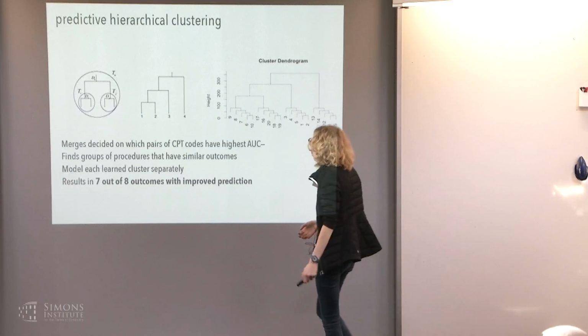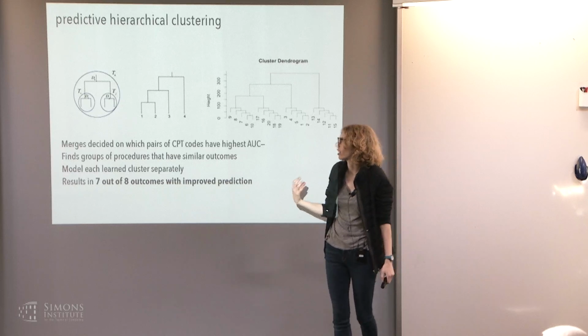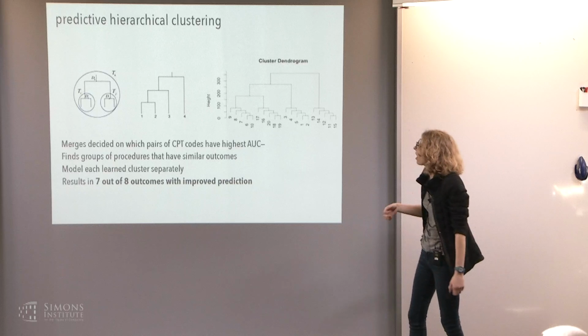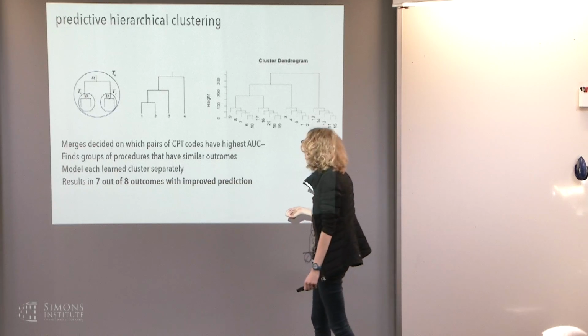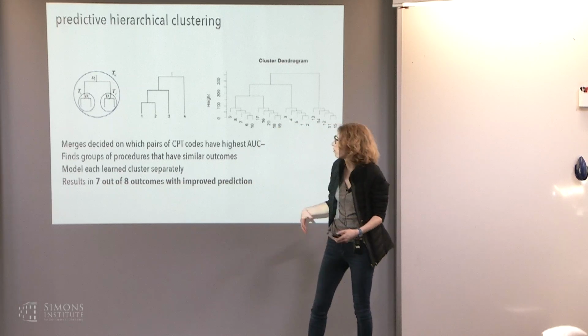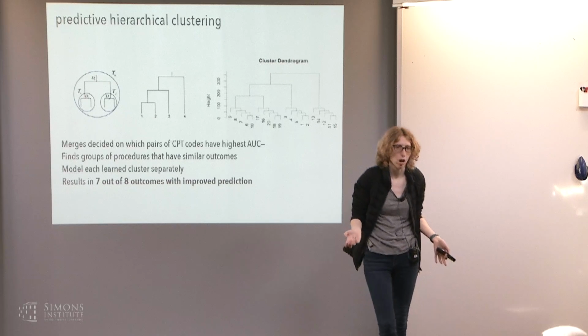And so one of the things that we've been interested in is, can we use a clustering methodology, like a hierarchical clustering methodology, in order to say, okay, these are the procedural codes that go together if we want to maximize our ability to predict whether or not somebody is going to have a complication.